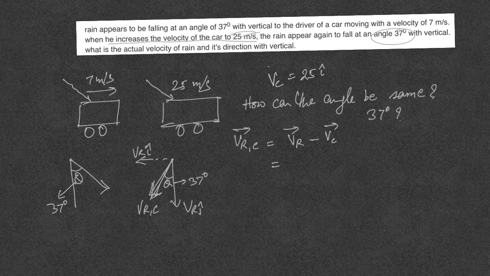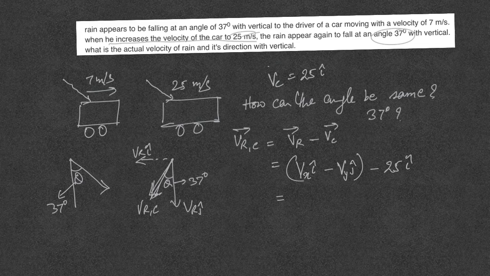So here, if I were to consider it as Vx, it will be Vx i minus Vy j, and minus 25 i.